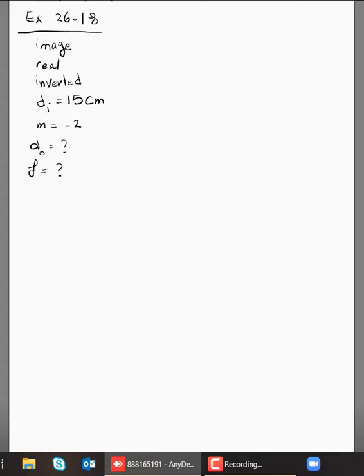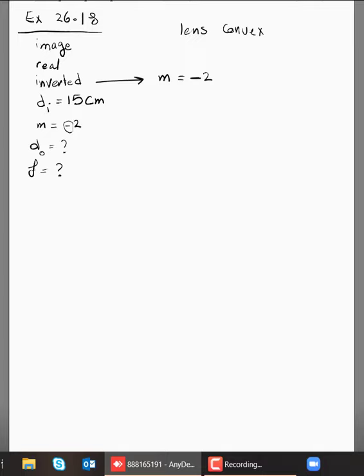Because it says that the image is real, then I know that my lens should be a convex lens. And because the image is inverted, magnification is negative. So this is how I get the negative sign here.